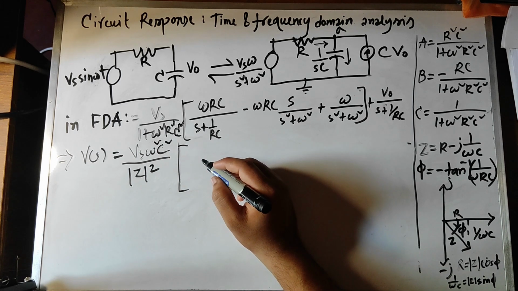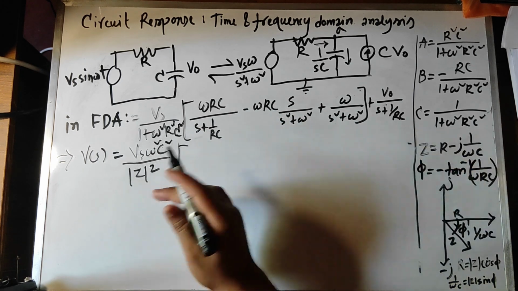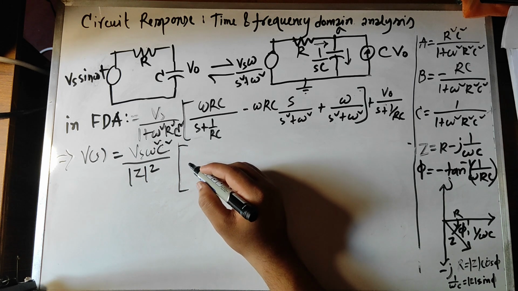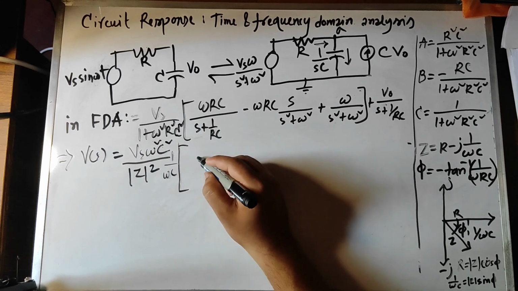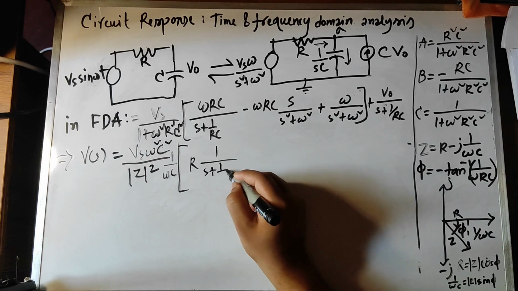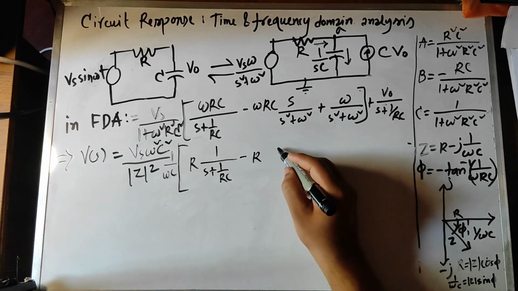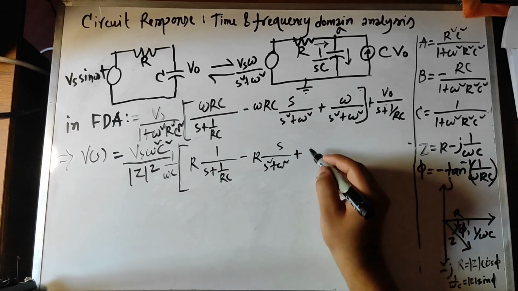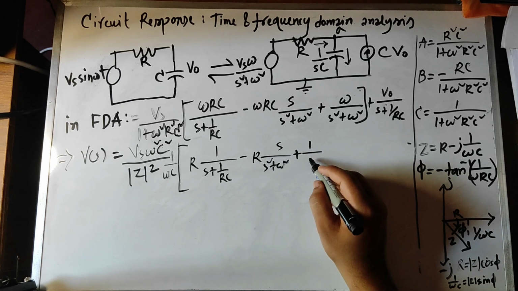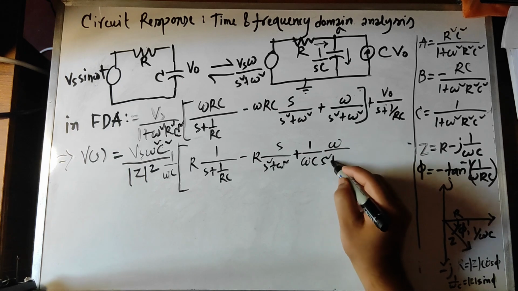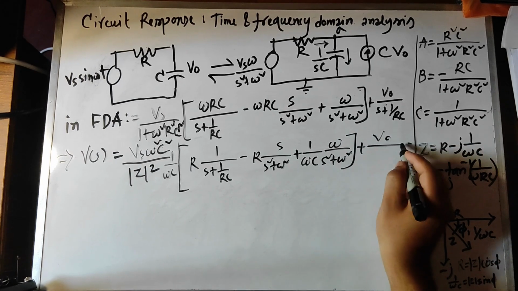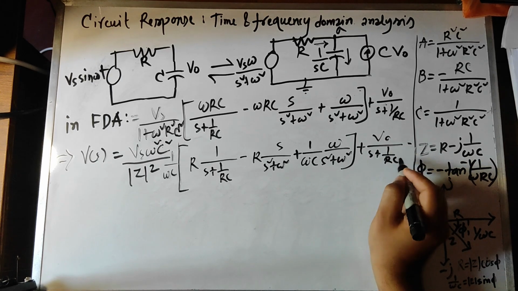let us rearrange this. So if we take common omega C out of the bracket, it will give us, so 1 by omega C, this is R 1 by s plus 1 by RC minus R s by s square plus omega square, plus 1 by omega C, omega by s square plus omega square plus vo by s plus 1 by RC.